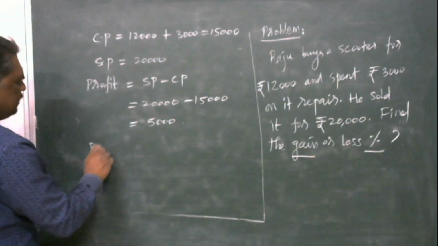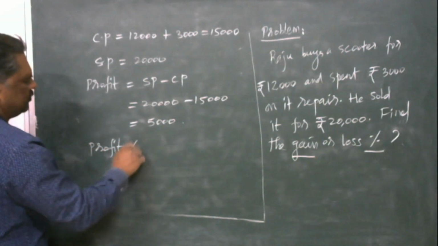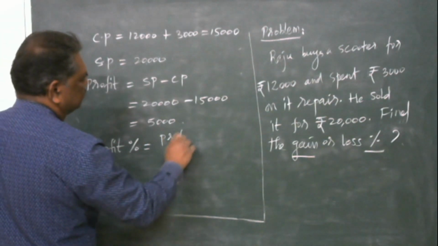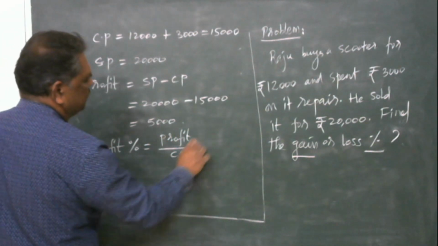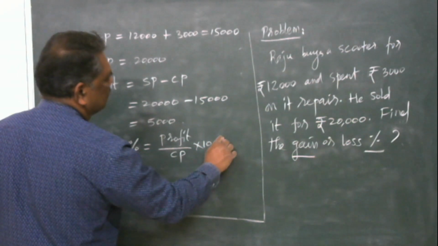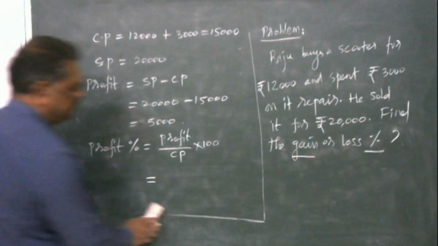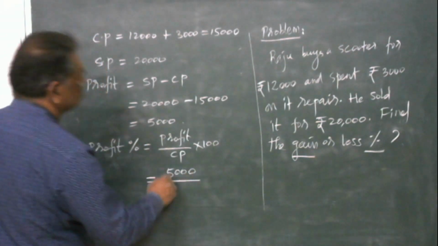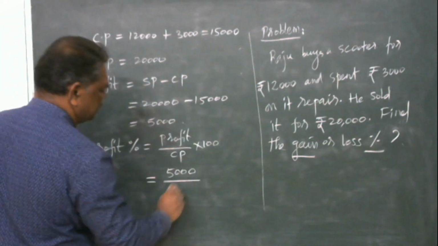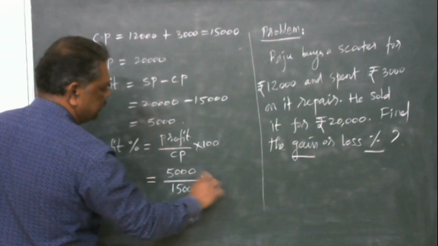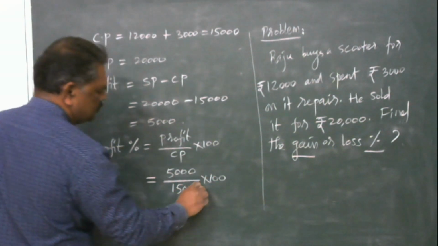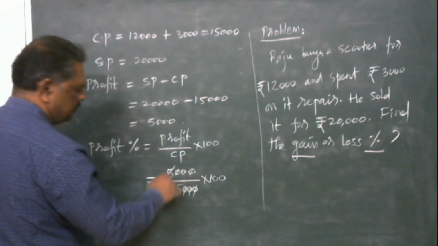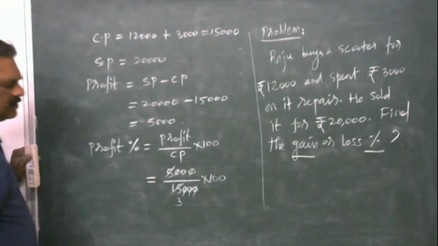Therefore, gain means profit. Profit percentage is equal to profit by CP into 100. So what is profit? Profit is 5,000 and CP is 15,000 into 100. So 0 cancels. 1 5 is 5, 3 5s are 15.